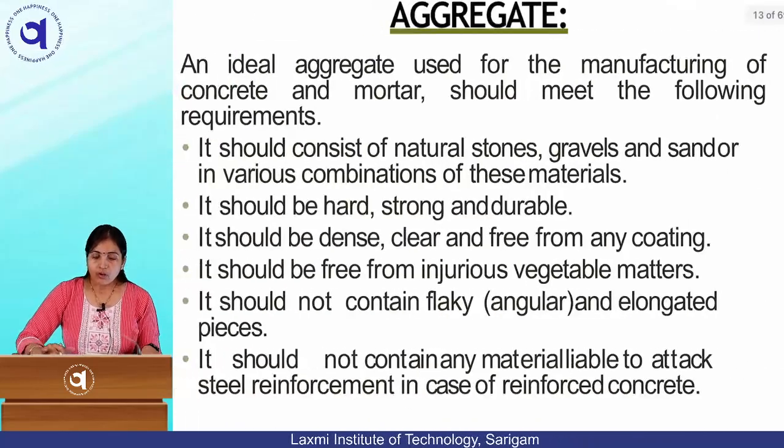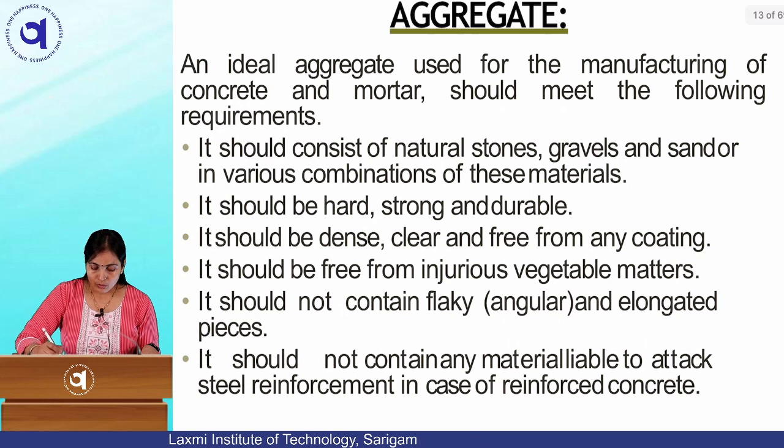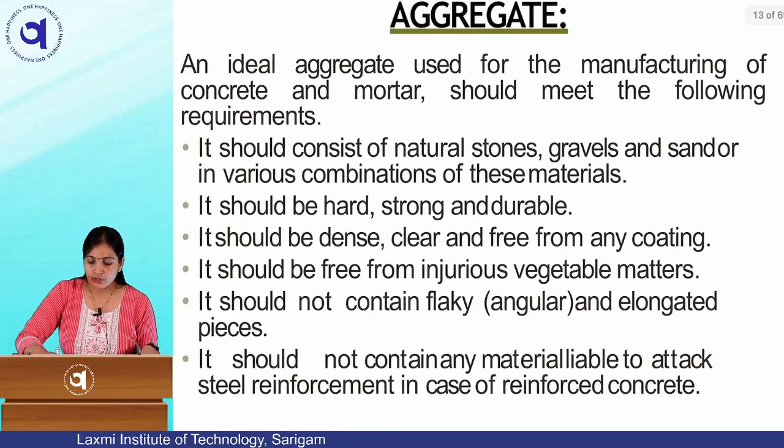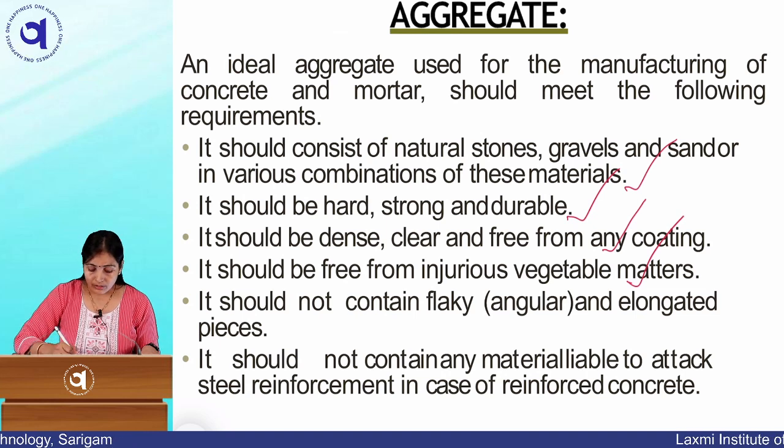So, which aggregate can you call ideal? Having all these properties, you can call the aggregate ideal. It should consist of natural stone, gravel or sand in various combinations. It should be hard, strong and durable, dense, clean and free from any coating, and it should be free from injurious vegetable matter.